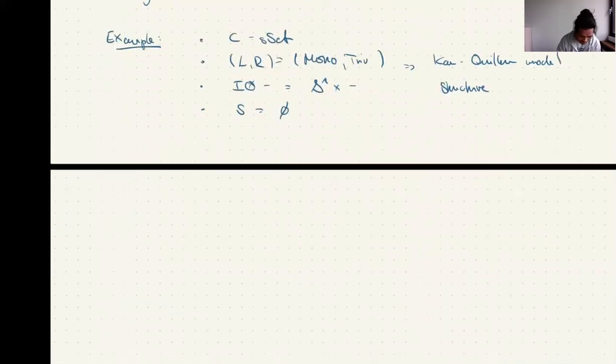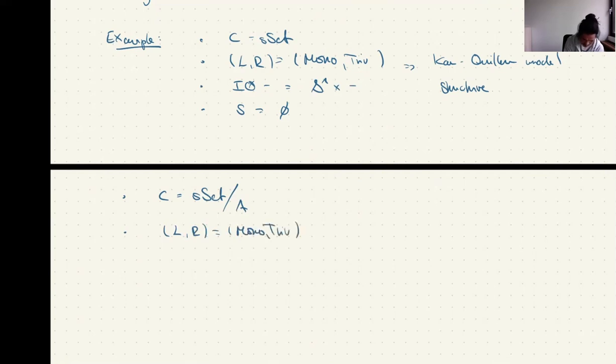But a little more interesting then is if we take simplicial sets over a given simplicial set A, and again, monomorphisms and their right lifting property as a factorization system, then the cylinder is induced from taking the Cartesian product.